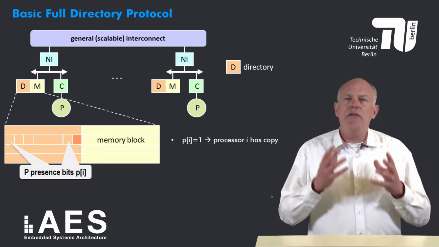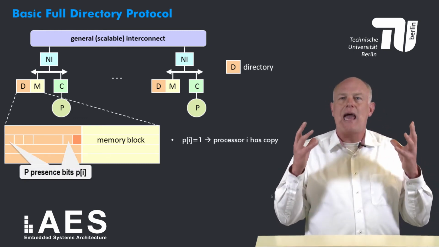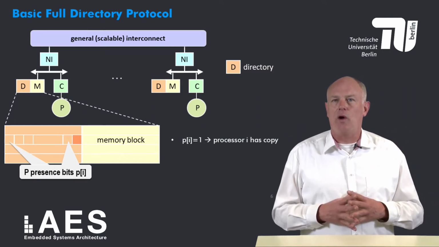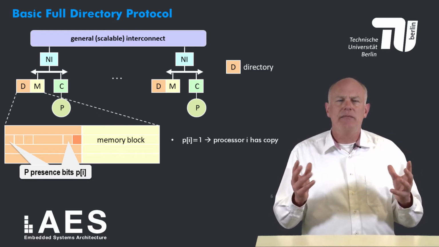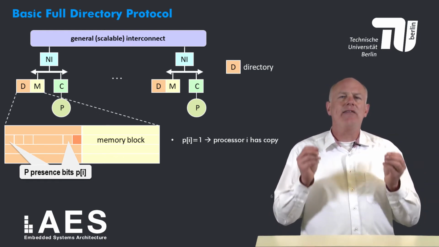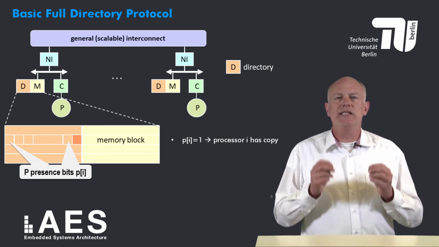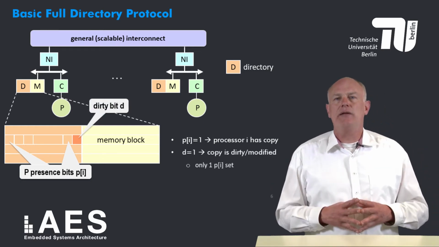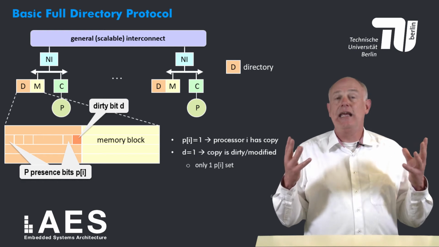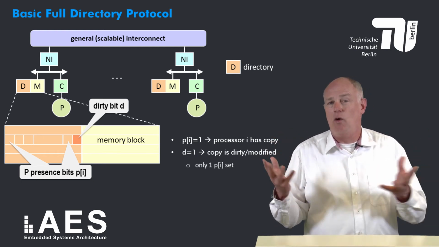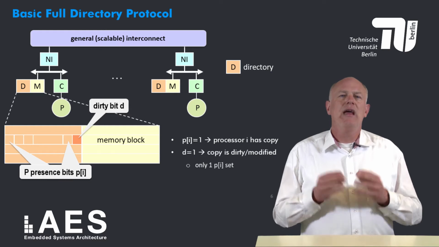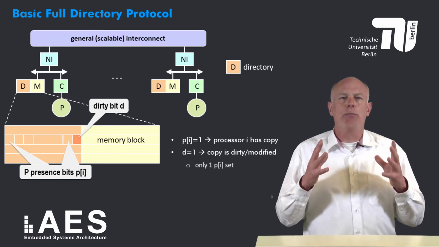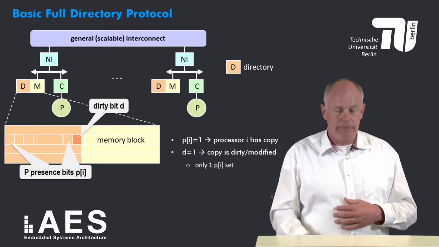Furthermore, every directory entry consists of P presence bits p_i, where P is the number of cores. If p_i is set, that means if it equals 1, it indicates that the cache of processor i contains a copy of this block. In addition, there is one extra bit called the dirty bit, which indicates that the copy is dirty or equivalently modified. If this bit is set, exactly one presence flag p_i can be set, since the block can be modified in only one node.